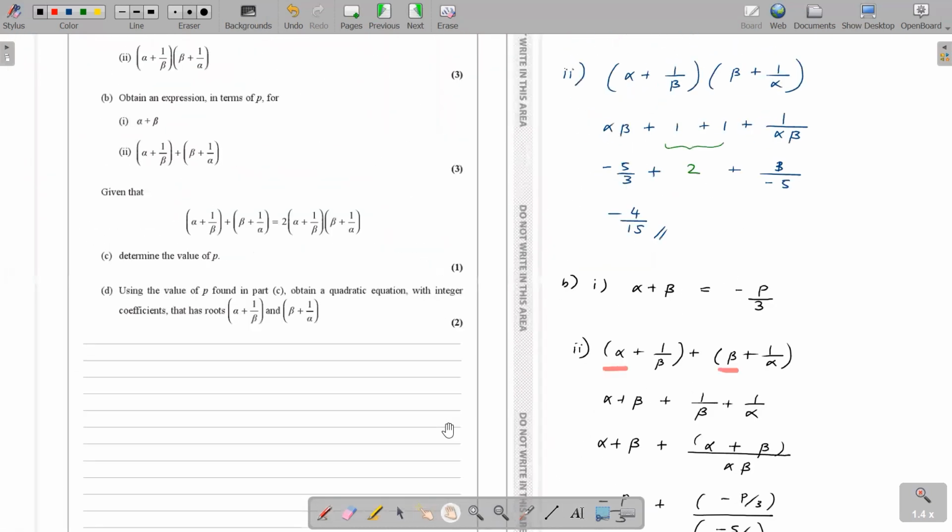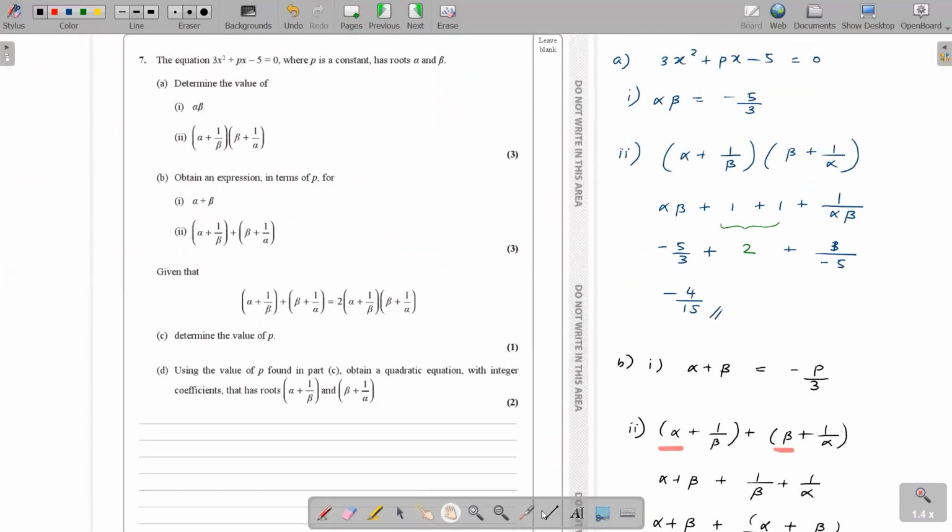And then moving on to the next part, they say given that alpha plus 1 over beta plus beta plus 1 over alpha is equal to 2 times alpha plus 1 over beta into beta plus 1 over alpha, determine the value of P. So actually we have found the answers for all of these sections, right?